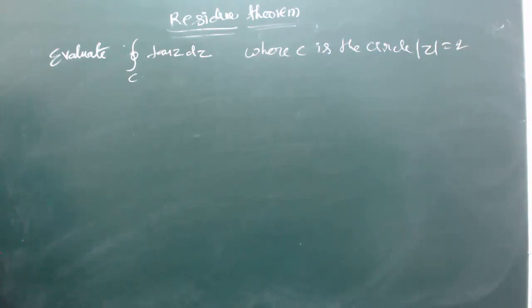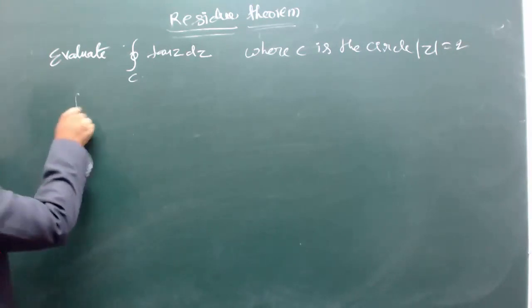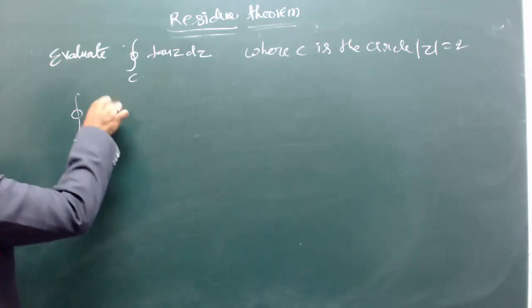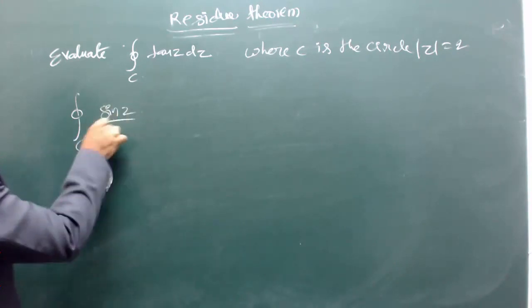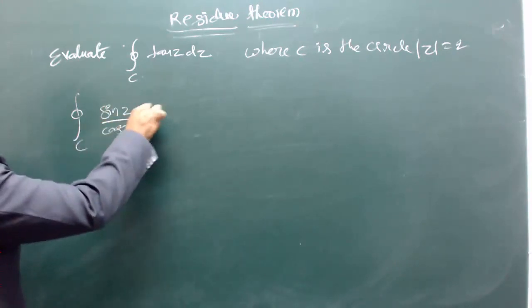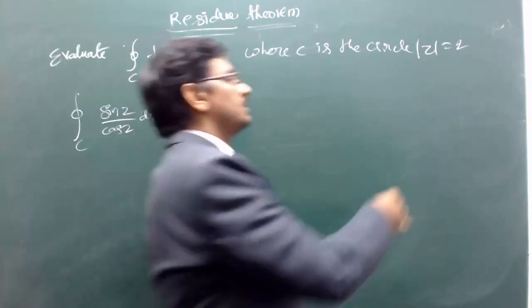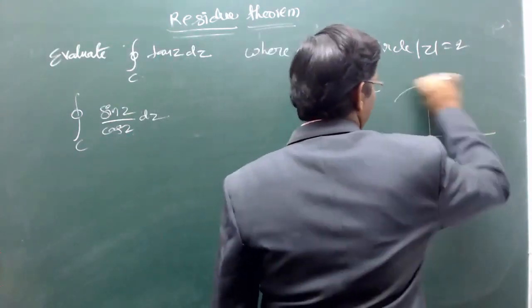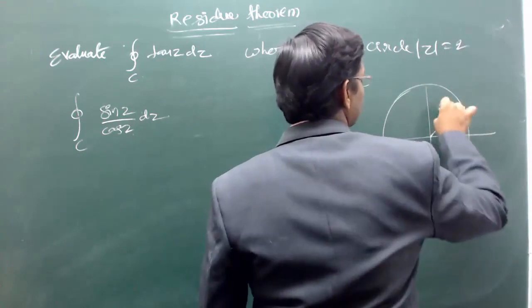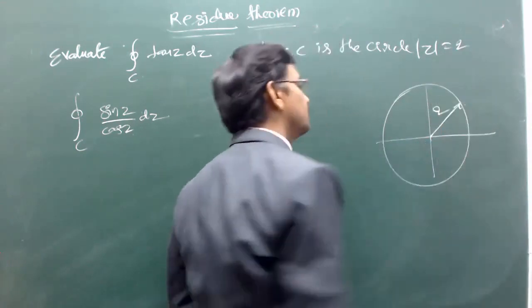So this comes under the case 2. So this can be written as integral over the contour C sin z by cos z dz. Now here mod z is equal to 2 is the circle, so this is of radius 2.